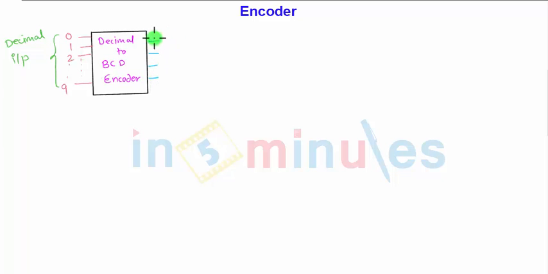So we are going to convert this into BCD code, which is A, B, C, D, and we can call it the BCD output. So basically this is an encoder.